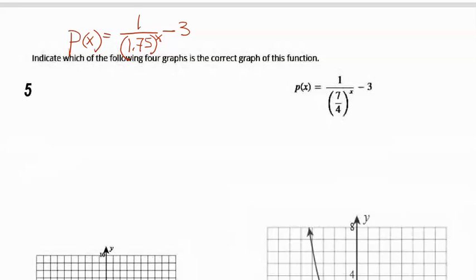As we look at example 5, again, it's picking out from 4 graphs that they're going to give you. And you want a protocol for finding what's that general shape. And then we're going to do some transformation by applying the -3. Okay, let's check this out here.